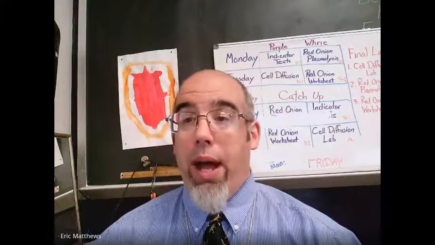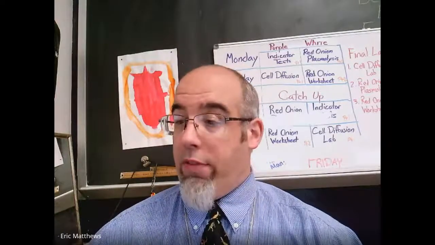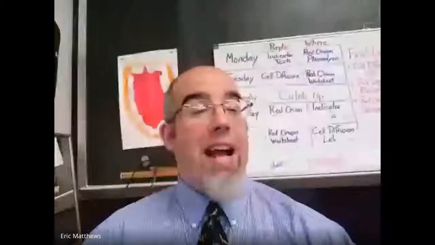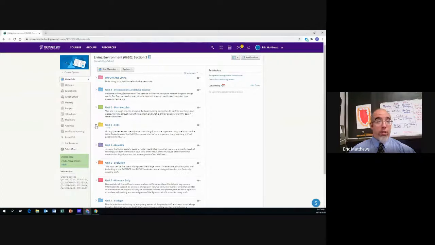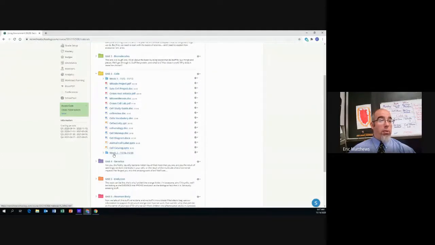Now, let me show you how I have this set up in Schoology, just so everybody can follow that. I set it up, I think, pretty well. In Schoology, we're going to go into Unit 3 for cells, same place we were last week. And we're going to find week number 2.